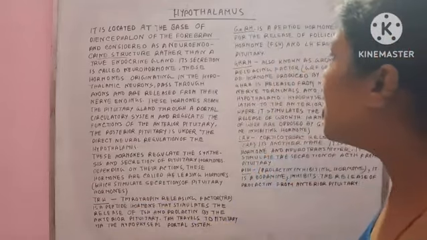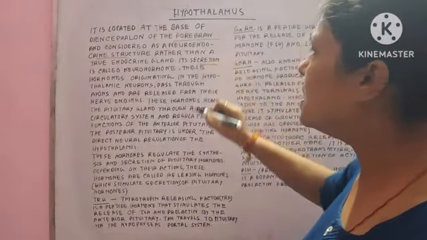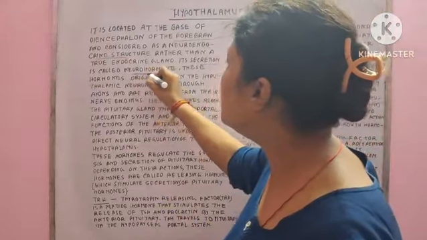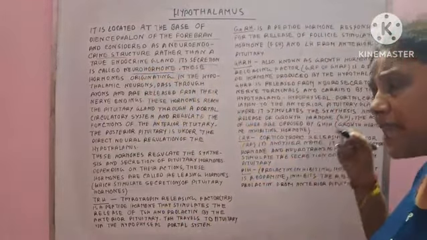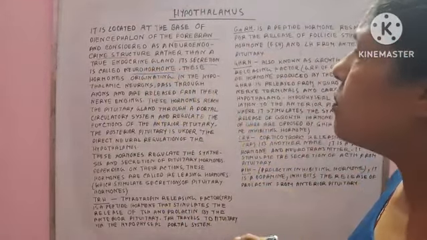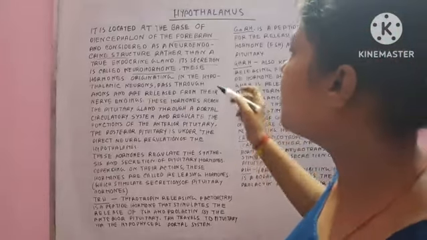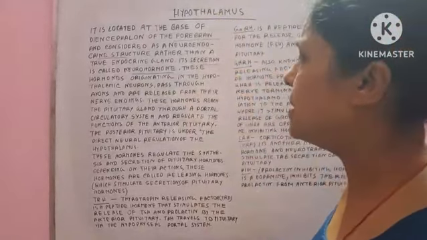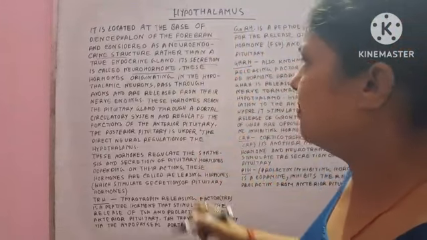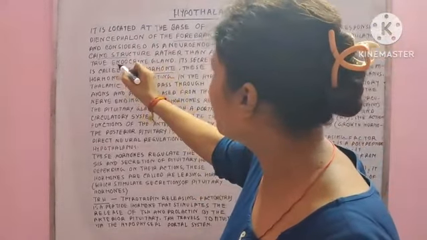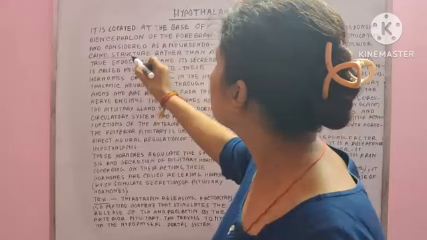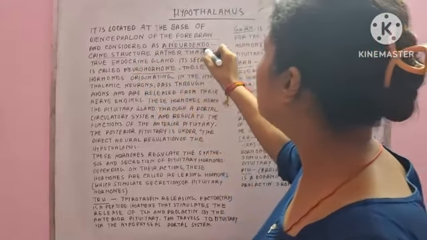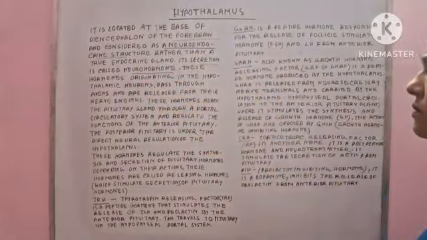And why? Because its secretion is known as a neurohormone. That's why, since neurohormones are secreted from the hypothalamus, it is called the neuroendocrine gland.